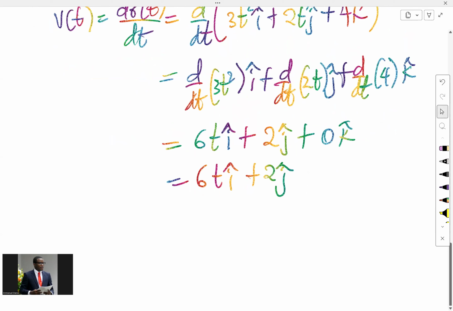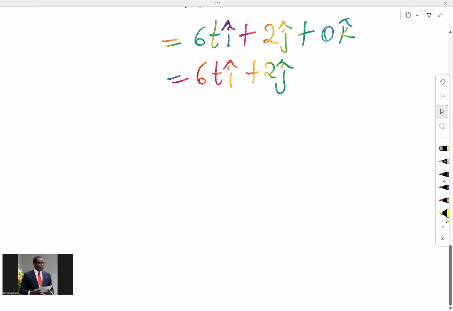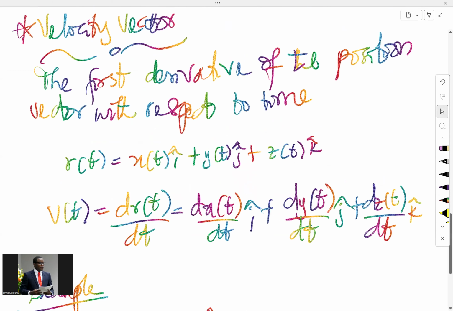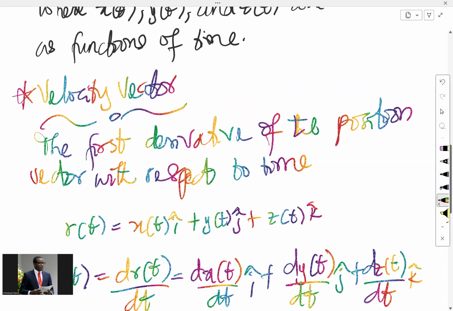So we can move ahead to talk about the third idea, which is acceleration. You have acceleration vector, which is a of t. Of course, velocity vector is v of t, right?